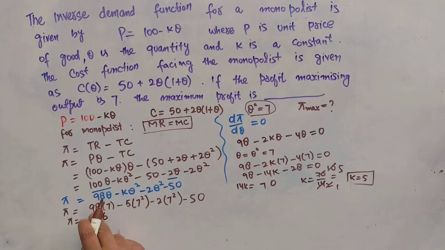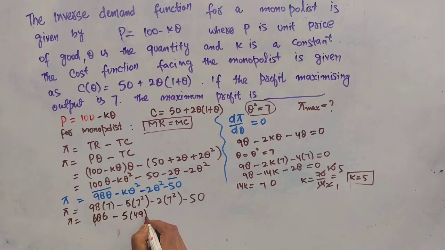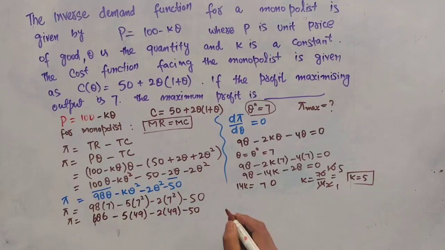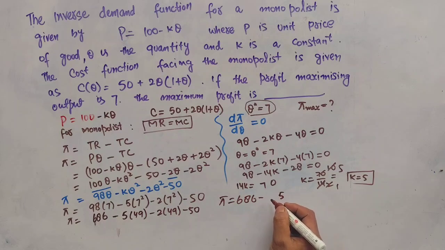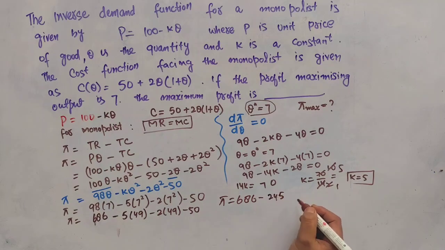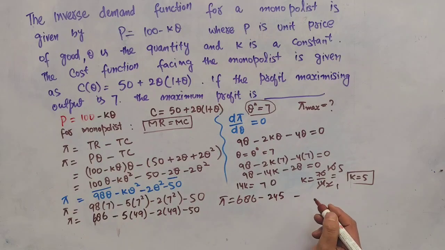Okay, 68 minus, we have 5 times 49 minus 2 into 49 minus 50. So profit will be equal to 686 minus 5 9s are 45, 5 4s are 20, and 4 is 24, minus, here it becomes 49 times 2, it becomes 98 minus 50.